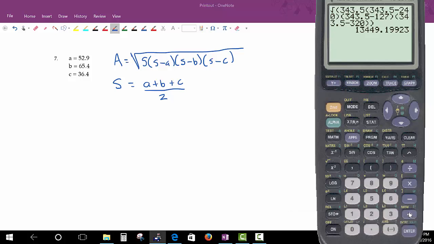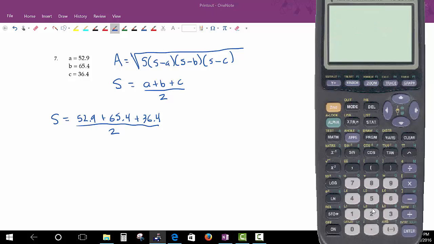Okay, so let's see if we got this one computed okay. Now this time I'm not going to draw a diagram. You don't really have to. So S is just going to be the sum of the 3 sides, and then divide that by 2. So you want to go ahead and do this on the calculator. Okay, so I'll get this cleared and do that on the calculator for you.